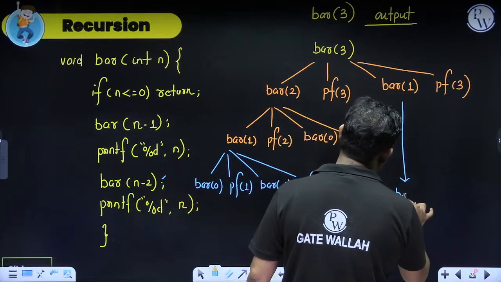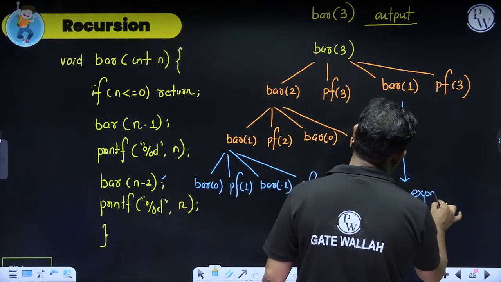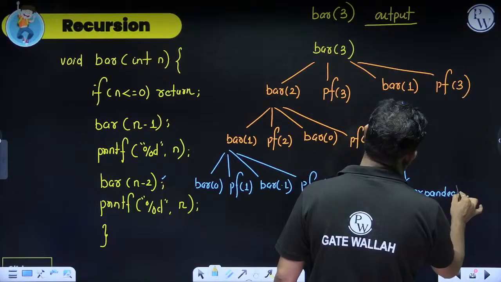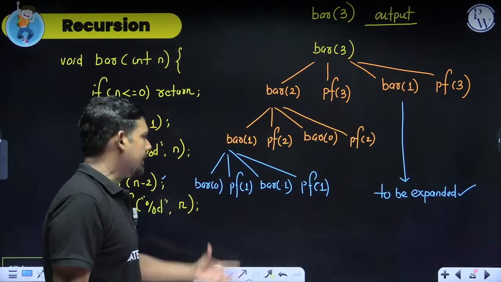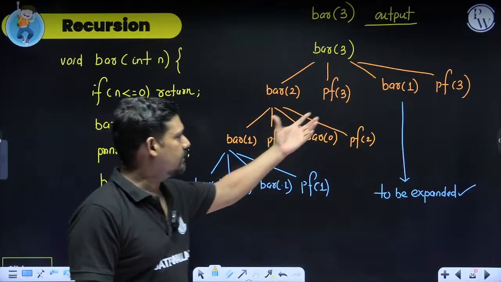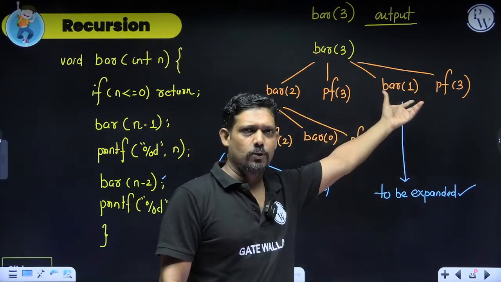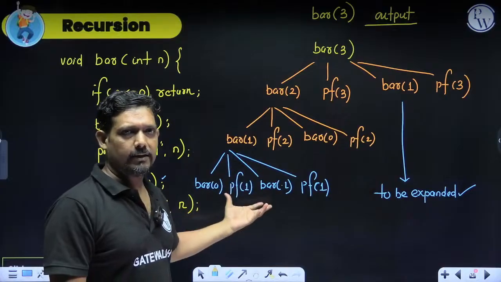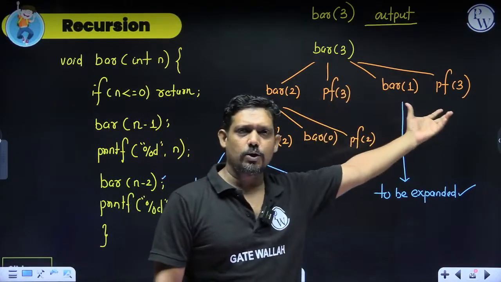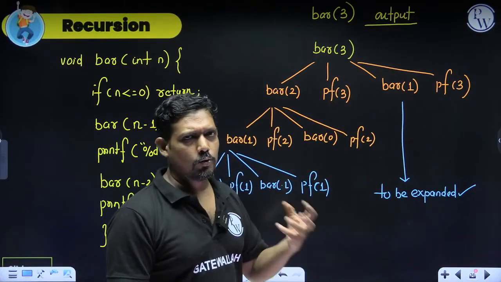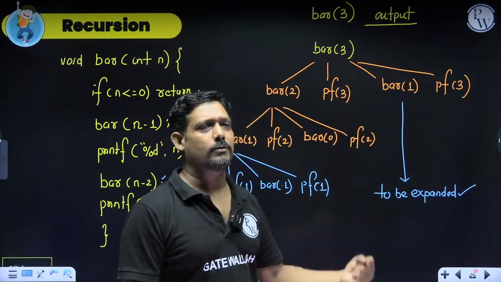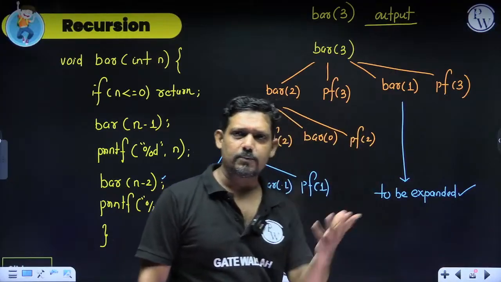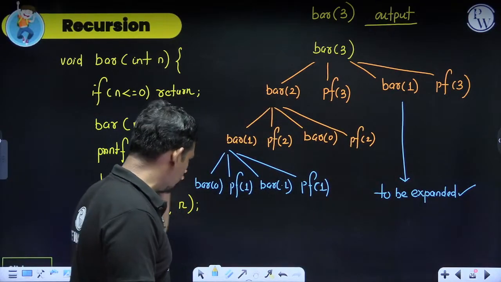So what I can do here is reuse the result. I can take the value from here and reuse it here. Or if I am a person who knows the hard work, then I can expand it. Smart work, hard work, whatever you want to choose, you can choose.